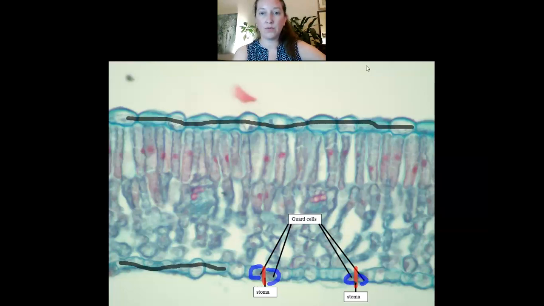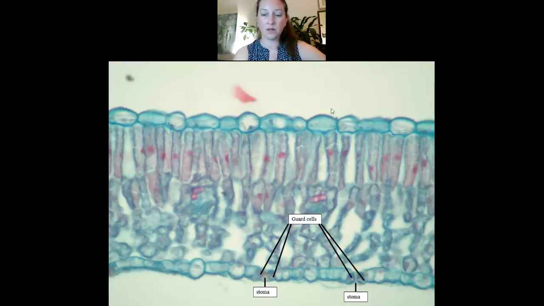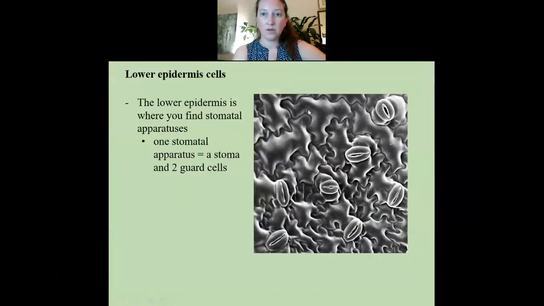So if we go to the previous, just to make this clear, I'll use the same colors. So in this here's a hole, right? That's a hole, that's a stoma. Can't draw a straight line. And each stoma is surrounded by two guard cells.